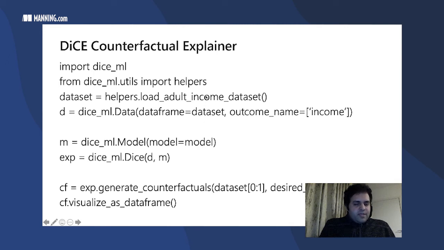So this is the model that was trained on that data set. And then you could come up with examples for a given input and a given desired class or outcome here. And you could visualize this as a table or a data frame.